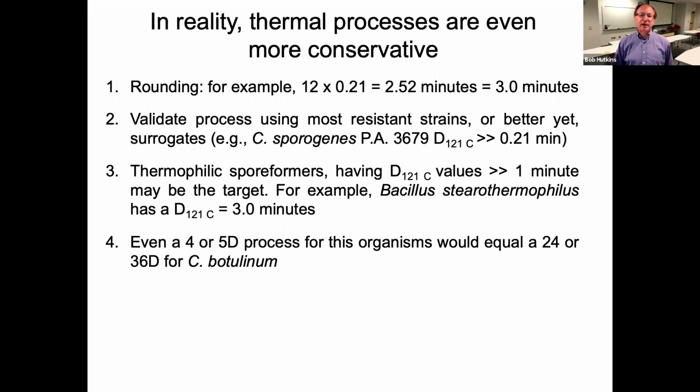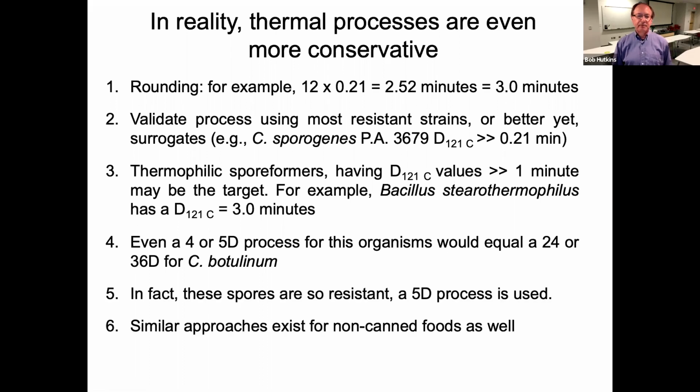If they got even a 4 or 5 D reduction for Bacillus stearothermophilus, that would be equivalent to a 24 or 36 log reduction for C. bot. Similar approaches might be used for non-canned foods as well.